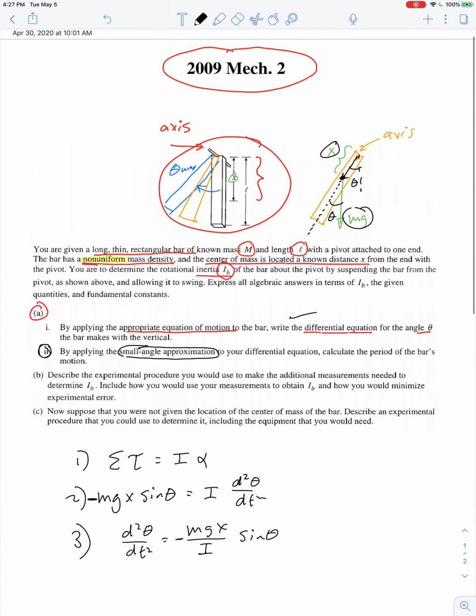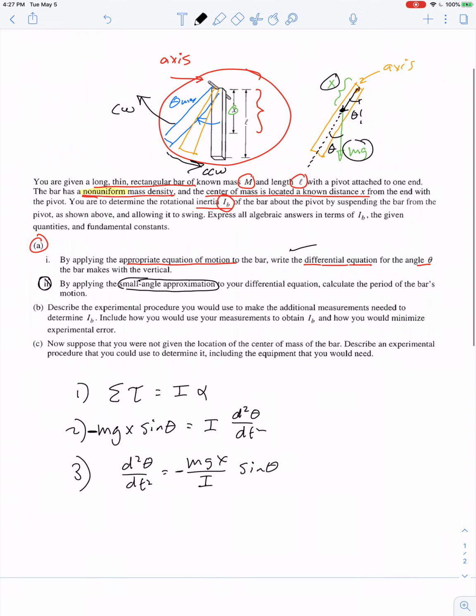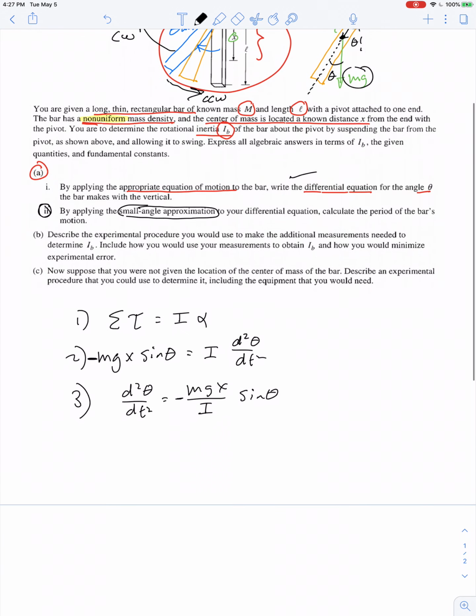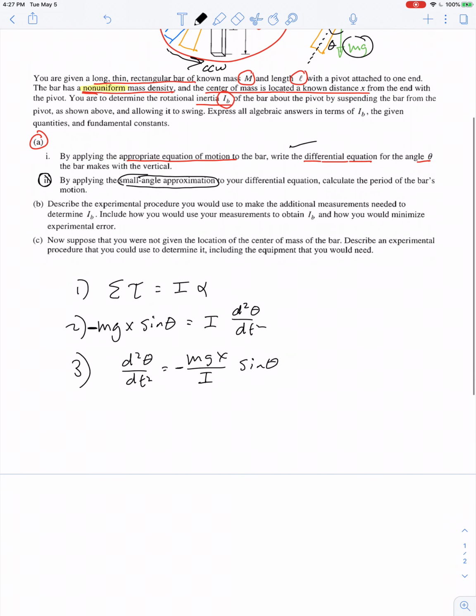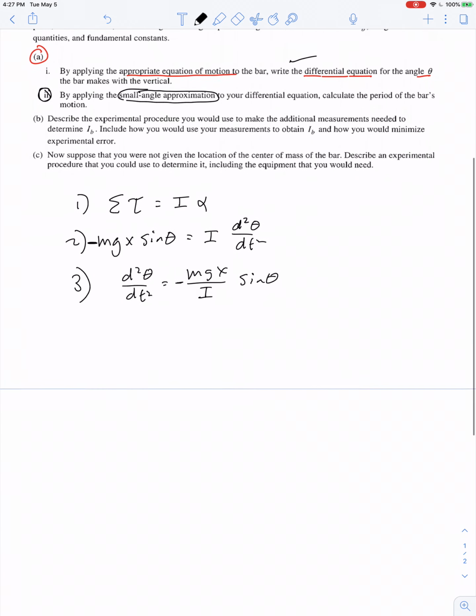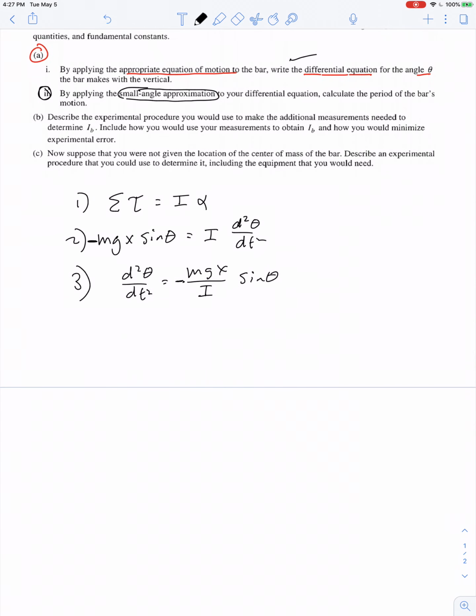If you pull the rod with an angle in the clockwise direction, then the torque that pulls it back to vertical is applied in the counterclockwise direction. Because of the opposite nature of these vectors of theta compared to alpha, that leads to the minus sign in this equation. So that's all we need to do to write a differential equation.